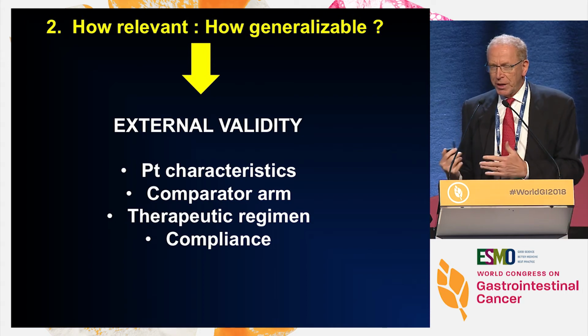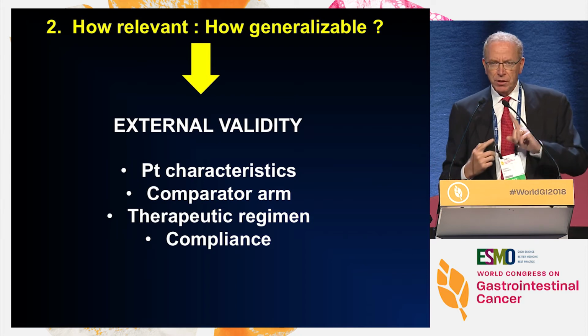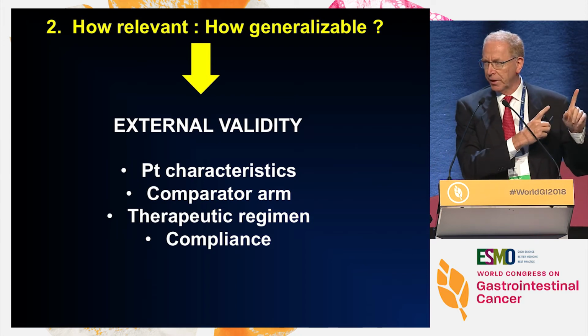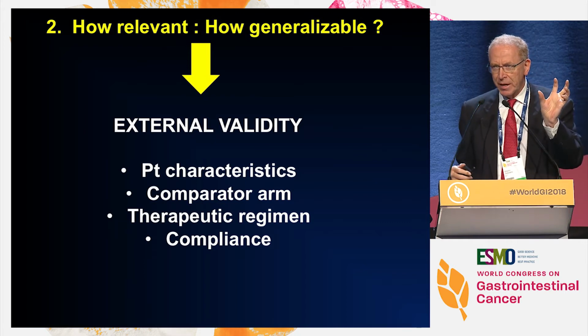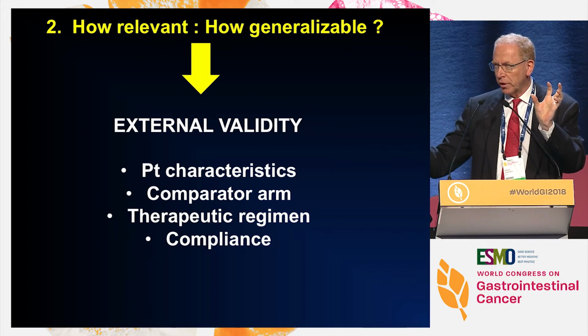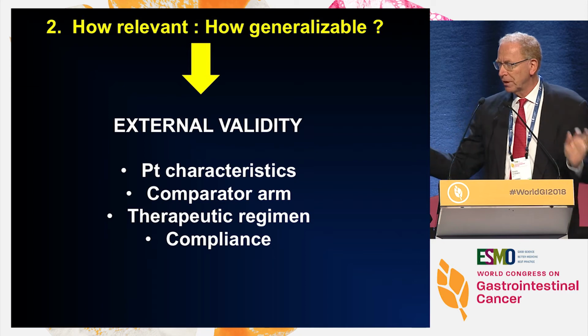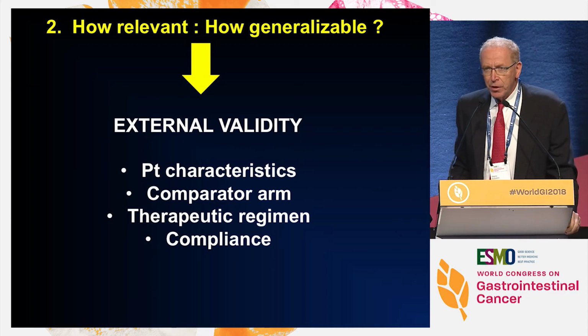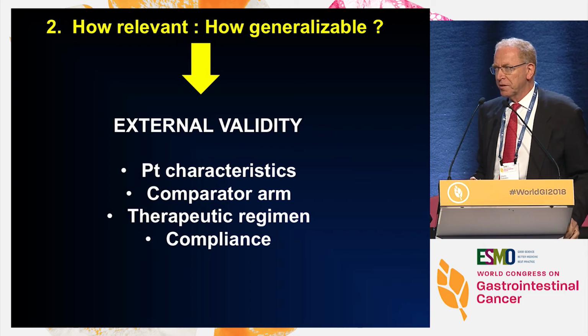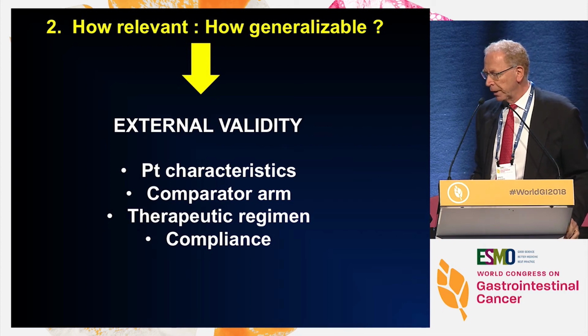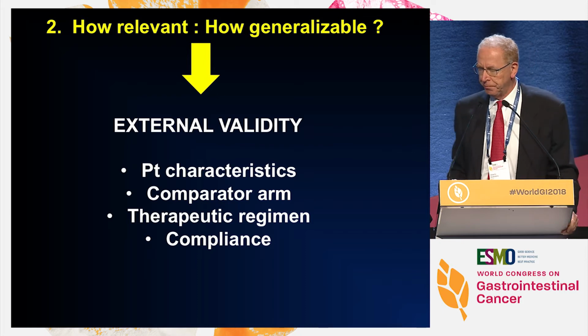Well, you should look at patient characteristics, not at the eligibility criteria, because the eligibility criteria may say something, and then the patients that were accrued may represent a totally different patient population. You should look if the comparator arm is what represents clinical practice. You should look at how cumbersome, how difficult to comply with is the therapeutic regimen.